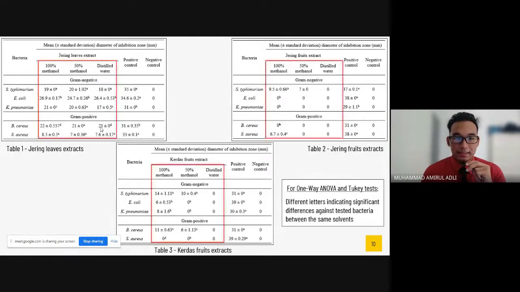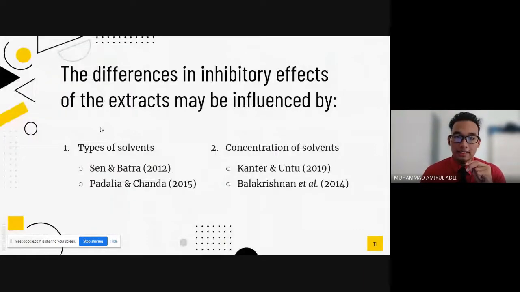As highlighted in the red boxes, the different letters indicate significant differences against tested bacteria only between the same solvents. And the inhibitory effects for each of the extracts were different, and the differences may be attributed to the types of solvents and also the concentration of solvents used for each of the extracts.